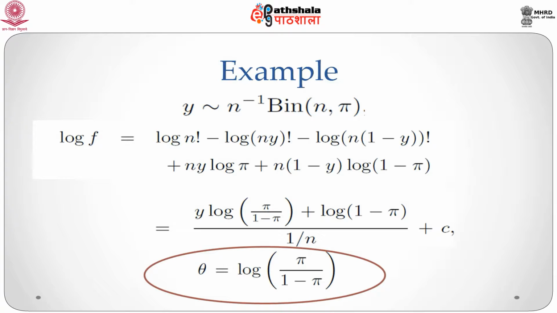My likelihood can now be expressed as the familiar binomial likelihood, which turns out to be given by log of f equal to log of n factorial minus log of ny factorial minus log of n into 1 minus y factorial plus ny log pi plus n into 1 minus y log of 1 minus pi.